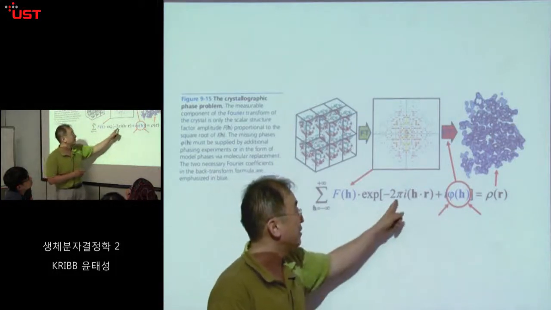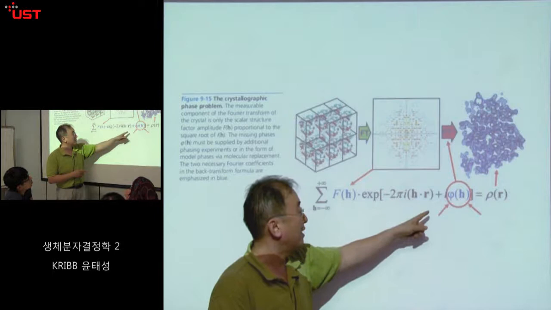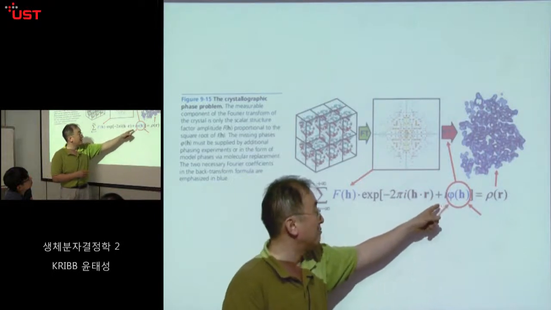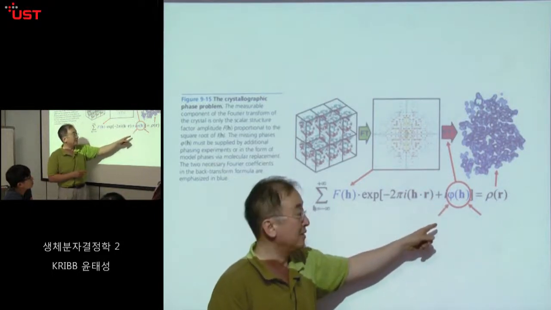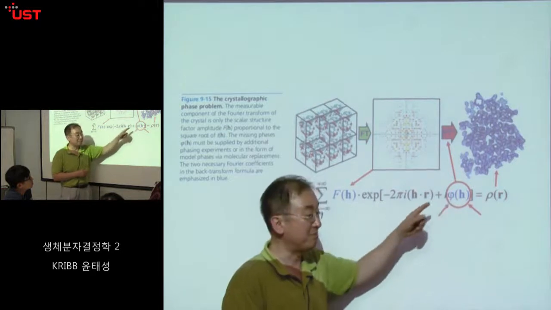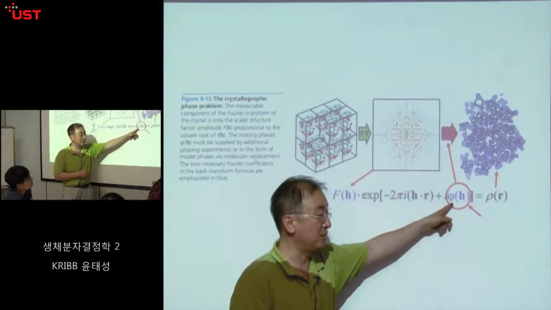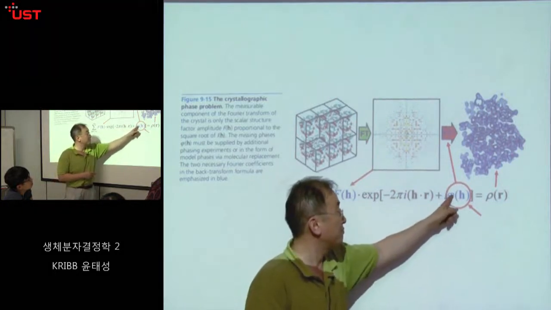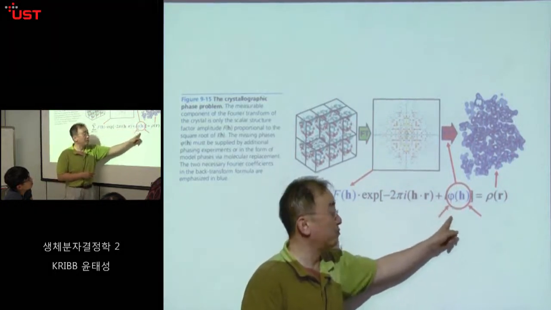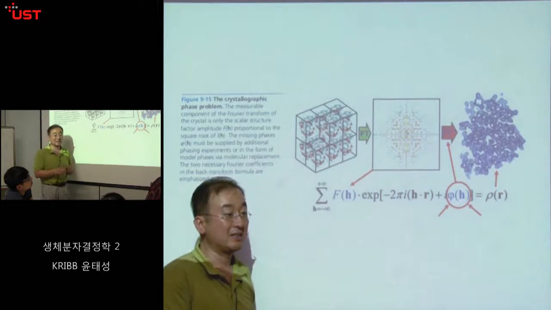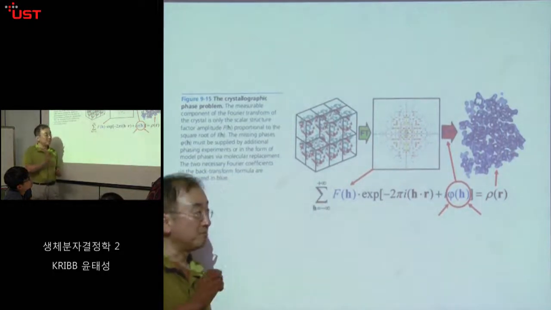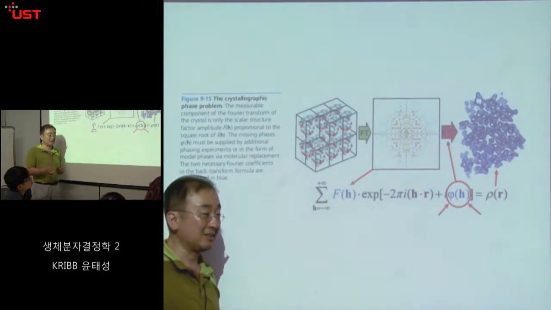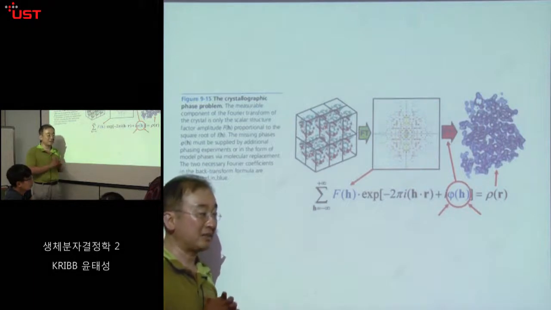But if you divide the phase angle, Greek letter phi, by 2 pi, this will be the phase. In phase, a multiple of an integer. Out of phase, a fraction of an integer.